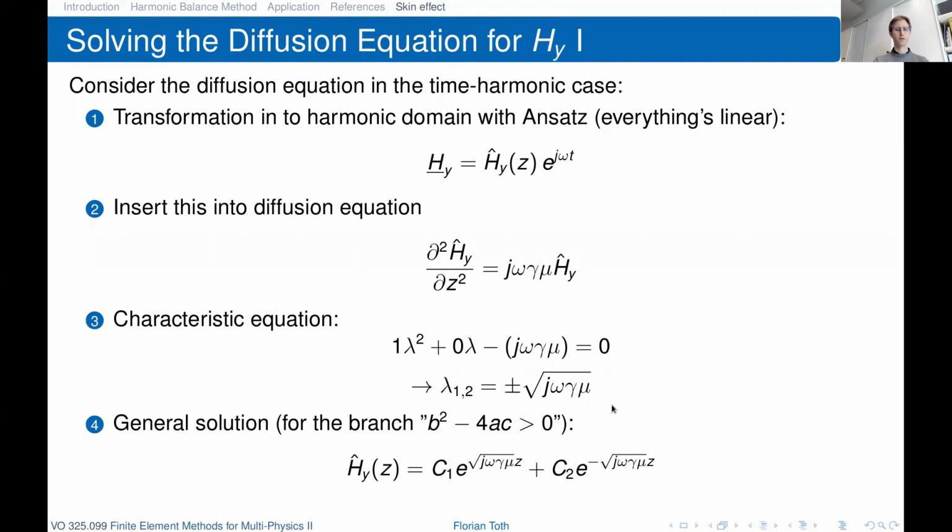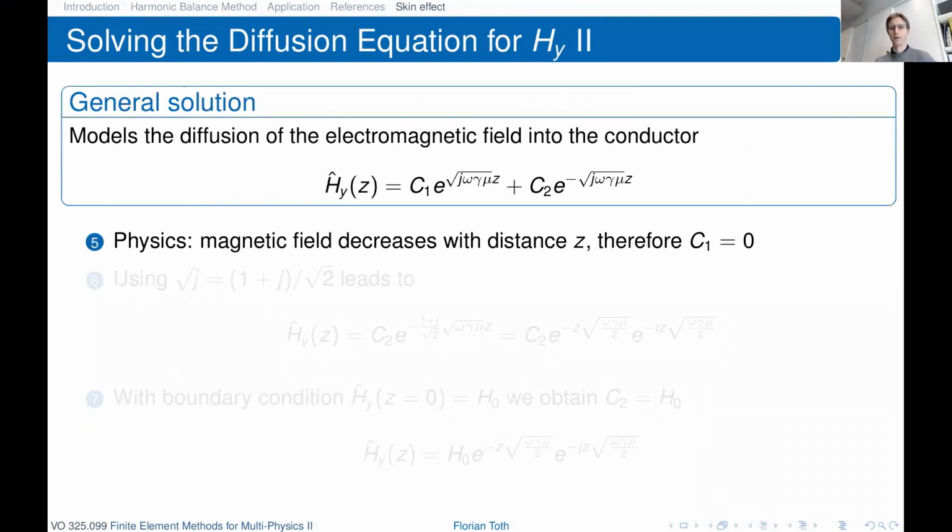Now we have to satisfy the boundary conditions, so we have to look at the values for the coefficients. And actually physics tells us that the magnetic field needs to decrease with the distance z, and therefore the coefficient C1 needs to be 0, and we only end up with the coefficient C2.